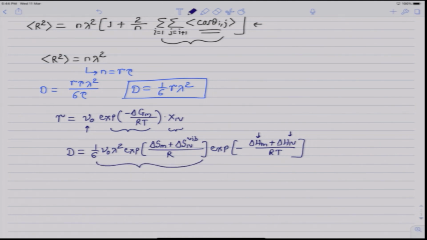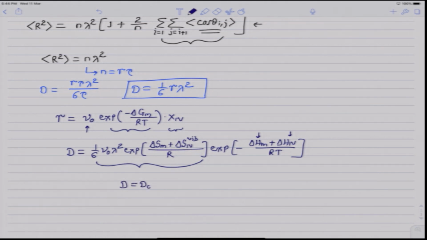the first term including nu0, lambda and the entropic term, they are relatively independent of temperature. The second exponential term is strongly dependent on temperature. So, usually the temperature independent terms are combined together and denoted as D0.